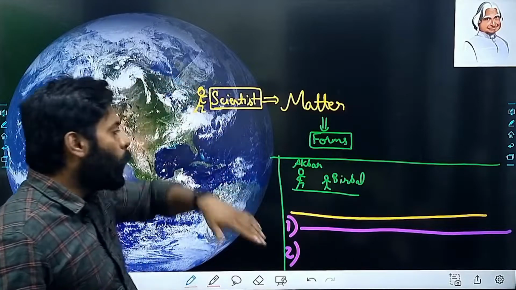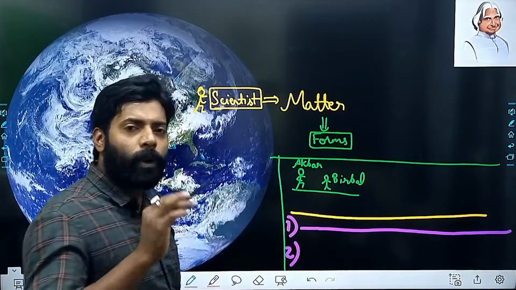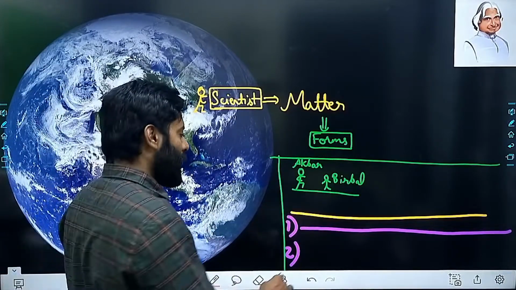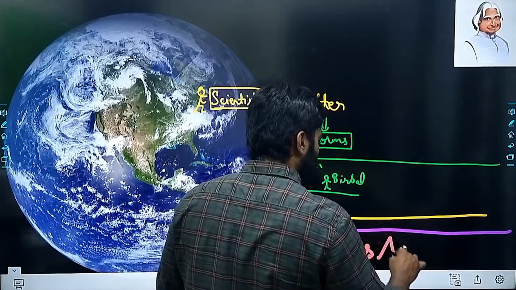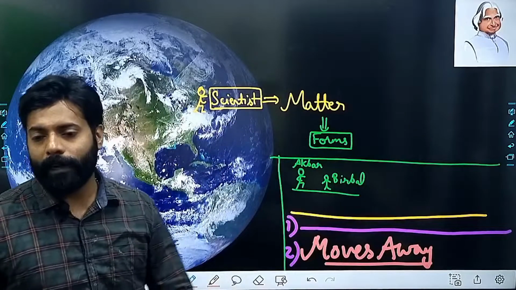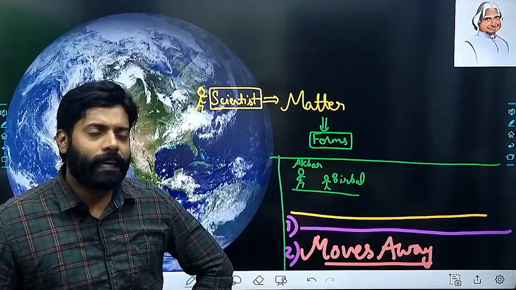So the second scenario is that if he moves very far away from this line, that line becomes short, isn't it? Somebody might say that.